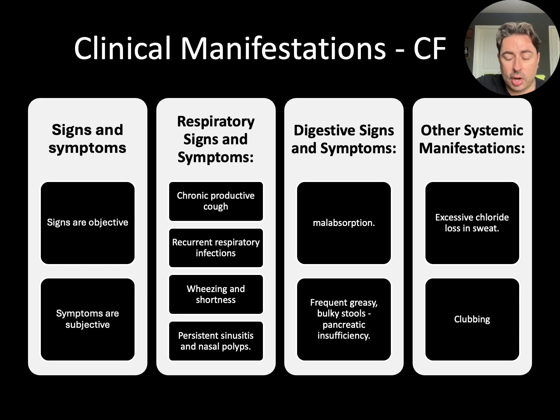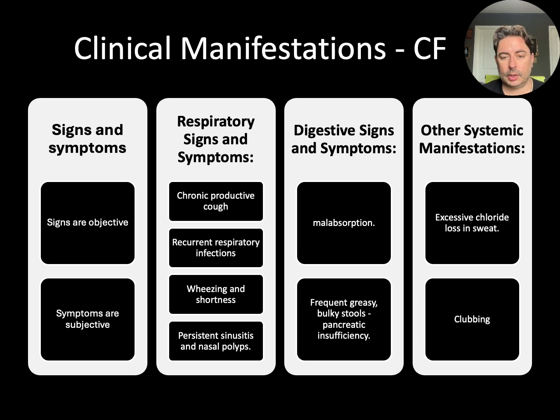They have recurring respiratory infections. They're known to be wheezers and to have shortness of breath. So lots of signs and symptoms. Persistent sinusitis and nasal polyps. These are all different signs and symptoms that we see that are associated with cystic fibrosis.